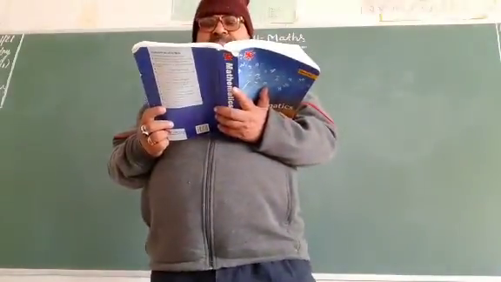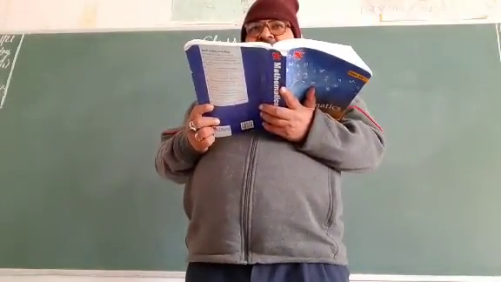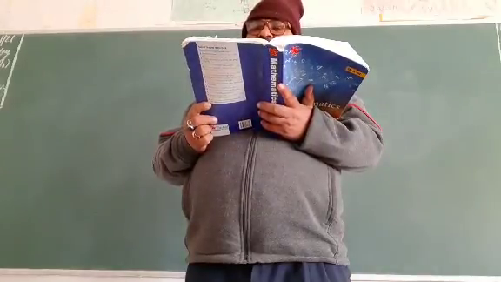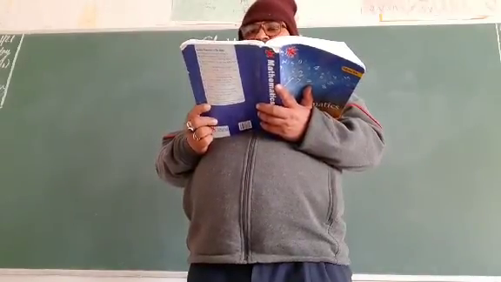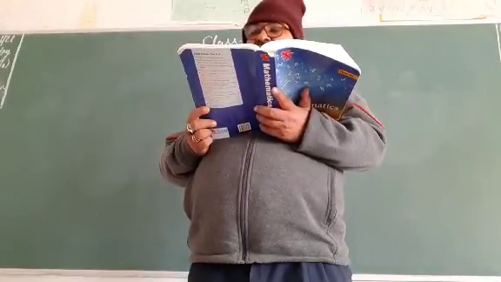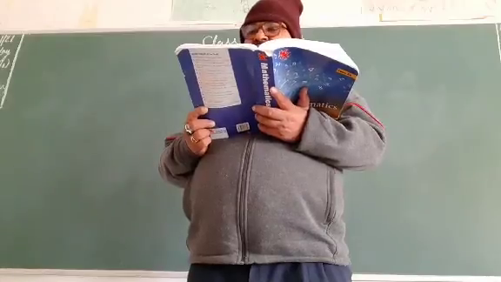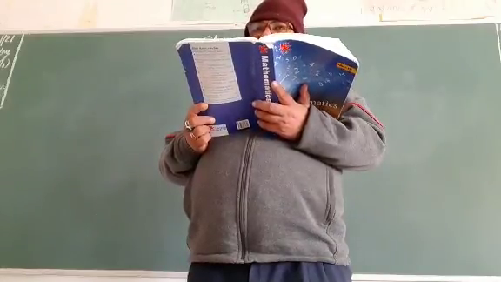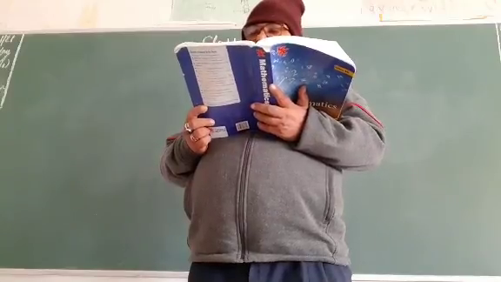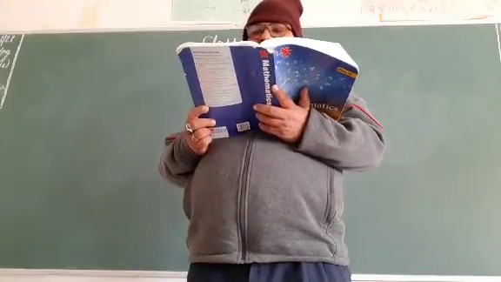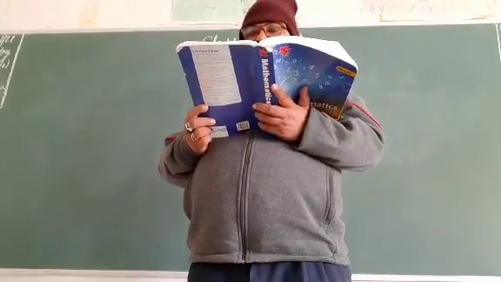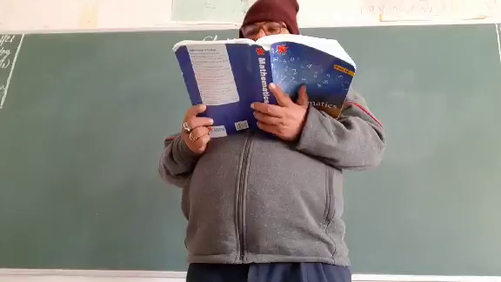Question number 5. A factory manufactures two types of screw, A and B. Each type of screw requires the use of two machines, an automatic and a hand operated.